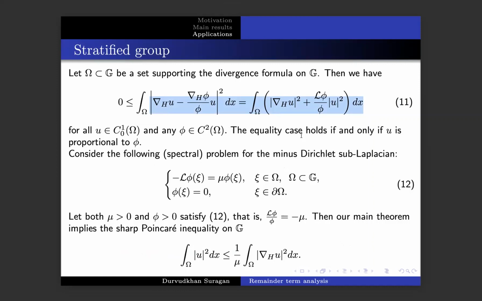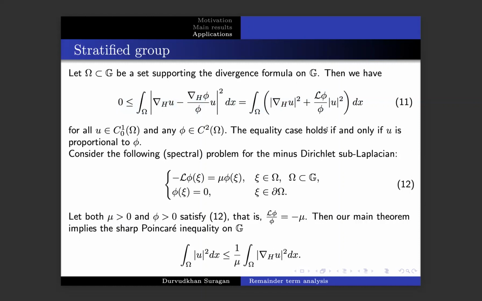So we obtain this relation on the stratified groups. On the left-hand side, we have a positive term, that's good. On the right-hand side, we have the gradient and also this coefficient in terms of phi.